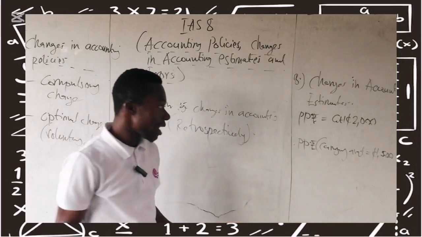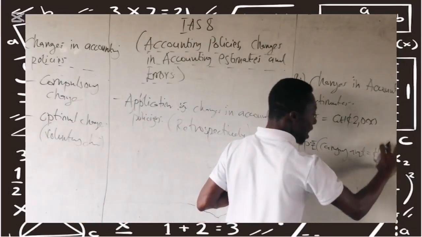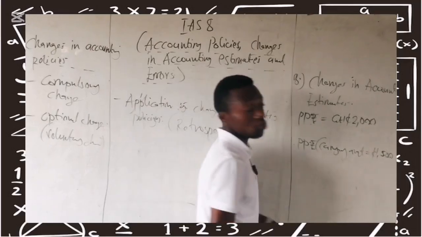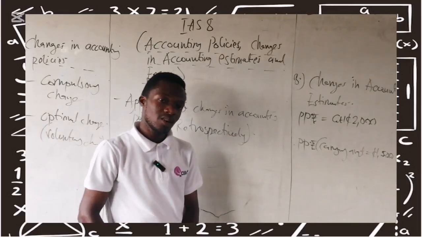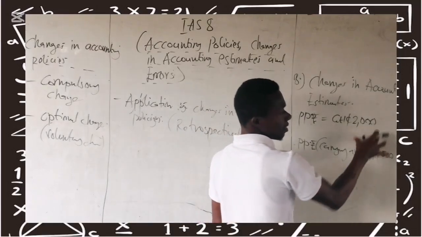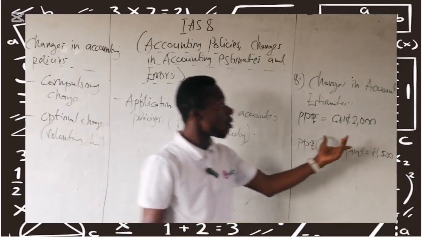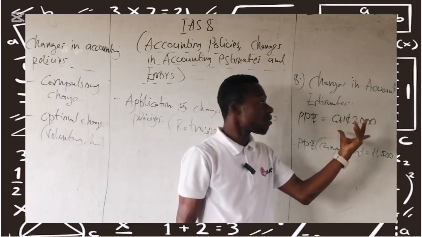So we have reassessed and realized that PPE was 2,000, and now after 2 years its carrying amount is 1,500. What accounts for this difference? This is where the estimate comes in. We have what we call depreciation.